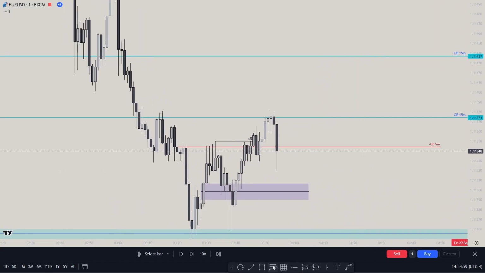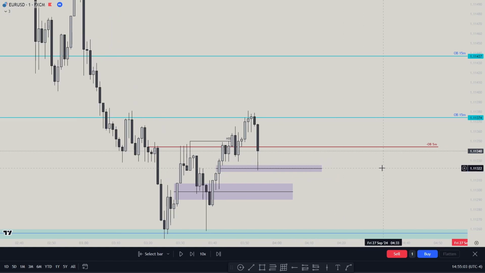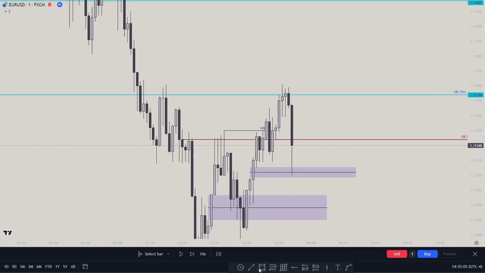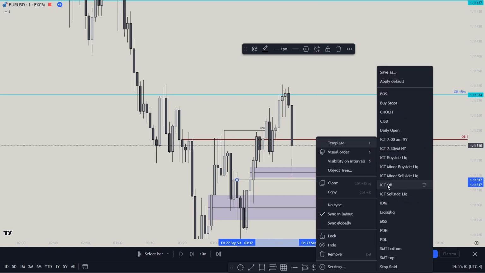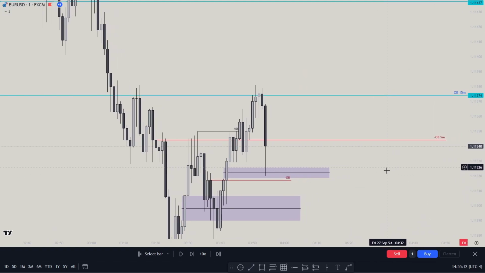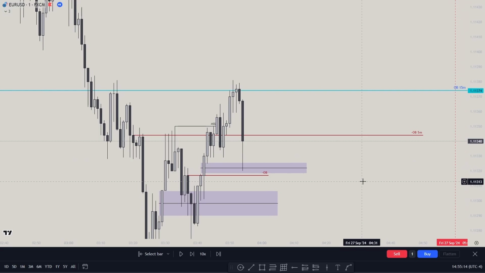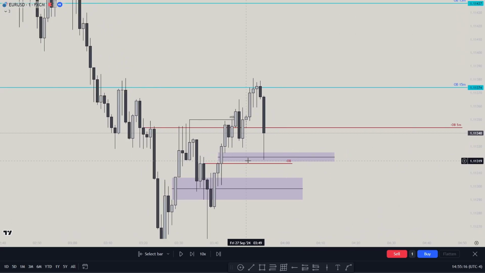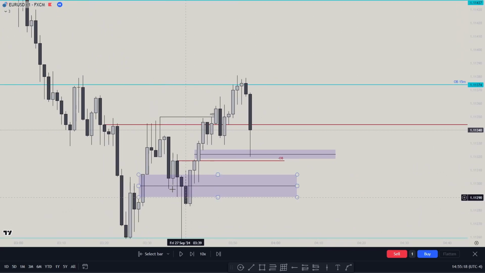Now there is another fair value gap here, and this is not filled yet. Also, we can see that there is another order block here. Alright, so we can see that this fair value gap is filled.